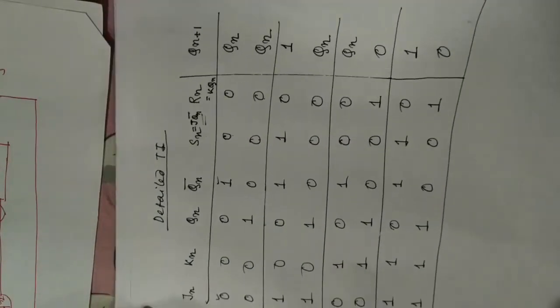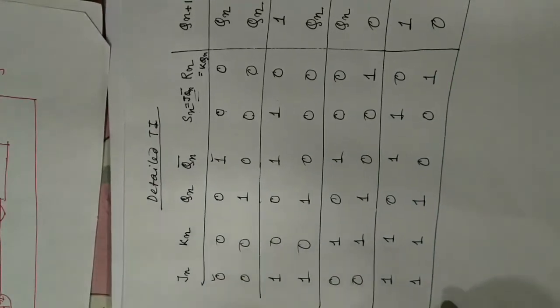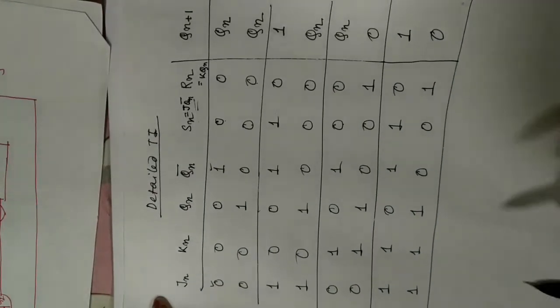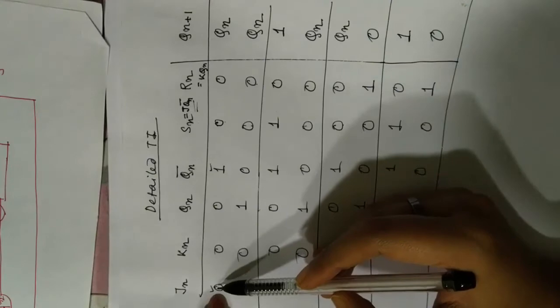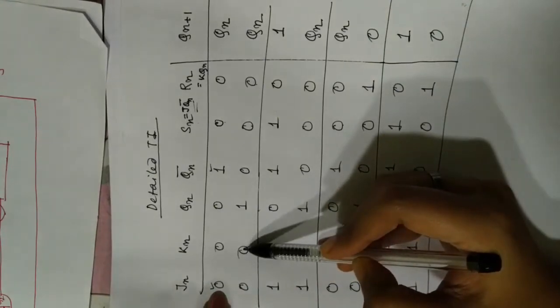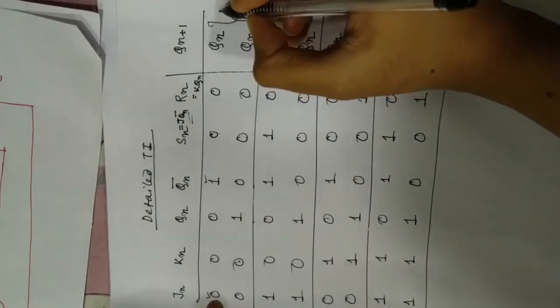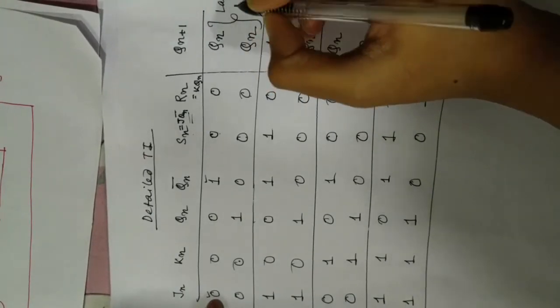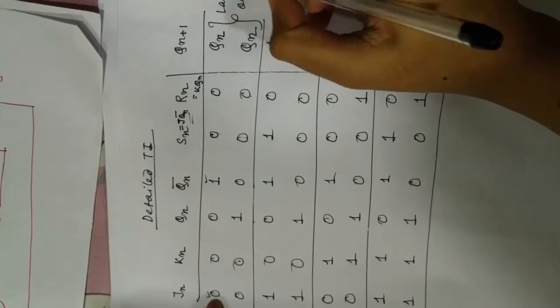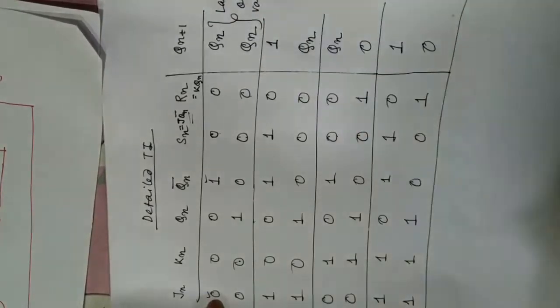So if we look at the compact table, we can see for our inputs, when both J and K are equal to 0, we get the previous output, like the last output value, right?